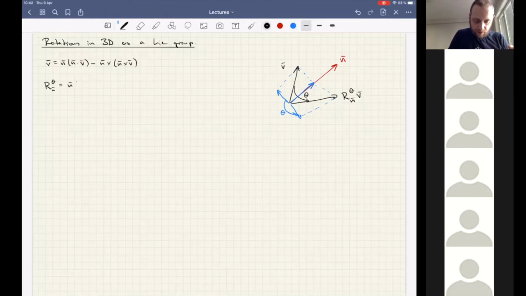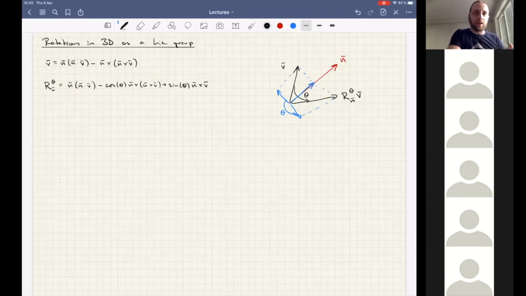When I rotate by theta, I get a cosine of theta times the same thing that was here, minus n cross (n cross v). And then I need to rotate this into a vector which is orthogonal both to n and to n cross v, and that vector is just n cross v. The component that I will have in that direction is proportional to sine theta. It's going to be sine theta n cross v. So this is the general rotation by an angle theta.